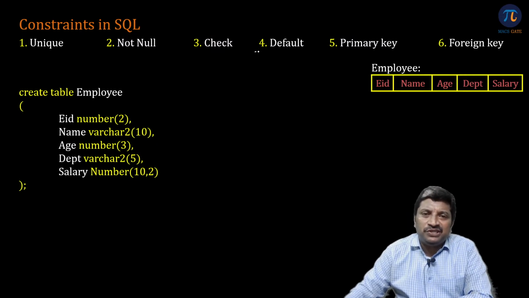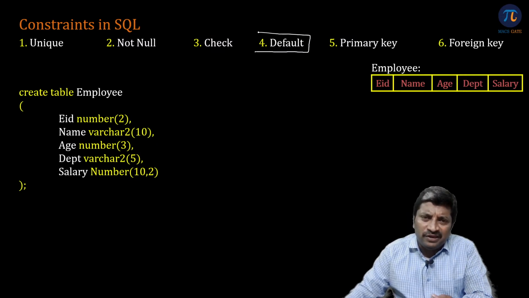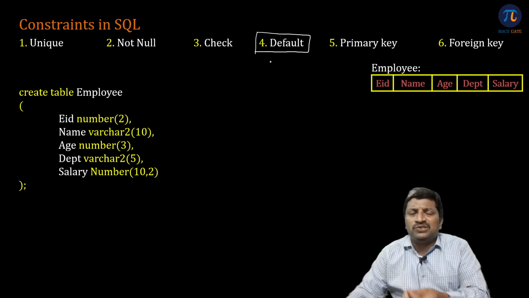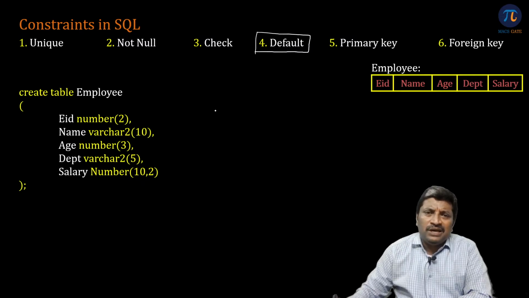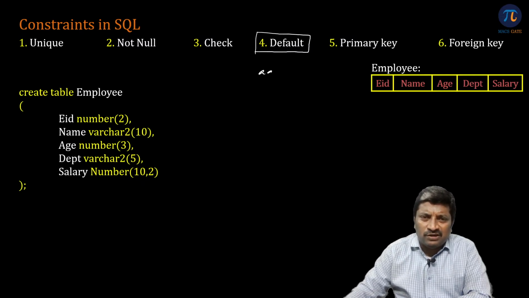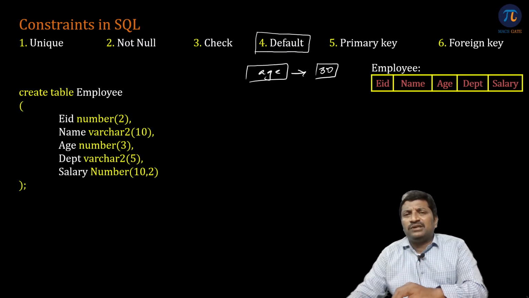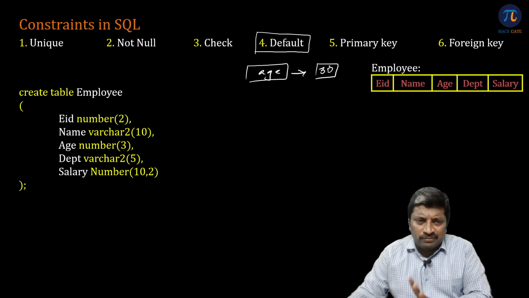Then the next one is default value. By the name, it says that whenever the user does not enter a value, then what is the default value? Let us suppose the user is not entering the age. Let us assume the default age, or we are assuming the average age, is 30. So whenever he doesn't enter any age, I will take 30.